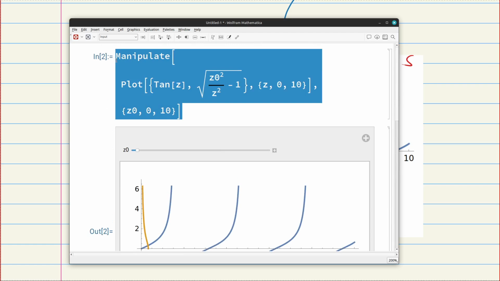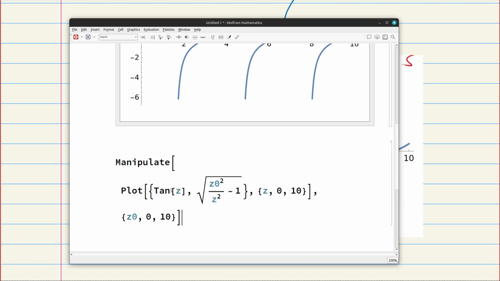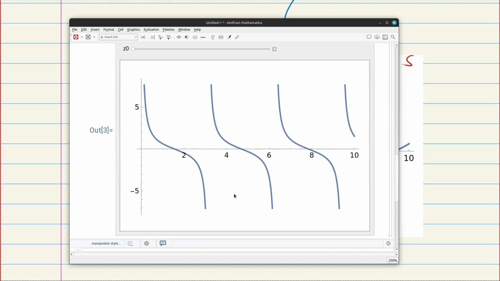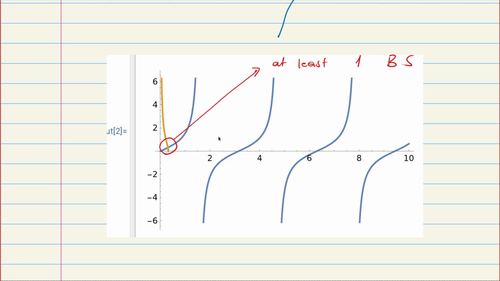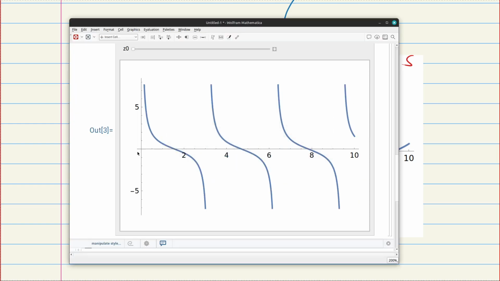I'll just copy and change. So what was it? Tangent was cotangent, and there was a minus here. That's all we have for the solution. And now you can see, compare it with this, tangent turned into cotangent.